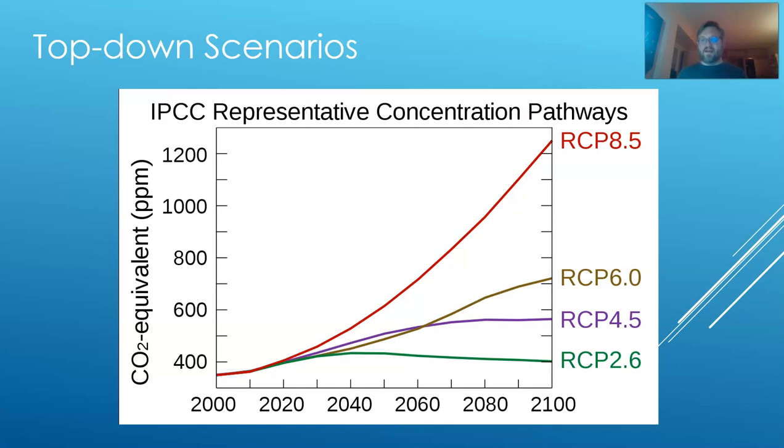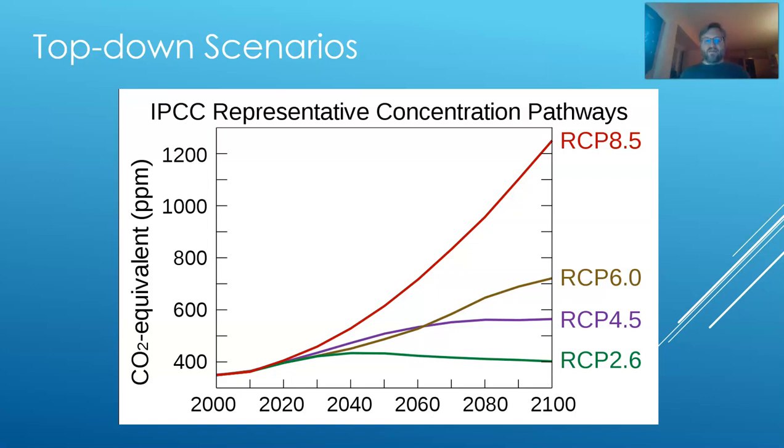And then they've got here RCP 6.0, 4.5, 2.6. And for each of those, they have a pathway to get there. So how much greenhouse gases in CO2 equivalent, so that's CO2, and then all the other greenhouse gases scaled to be equivalent in their global warming potential to carbon dioxide.